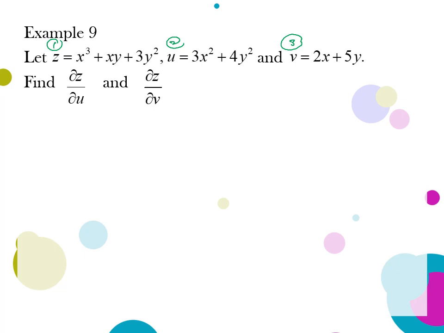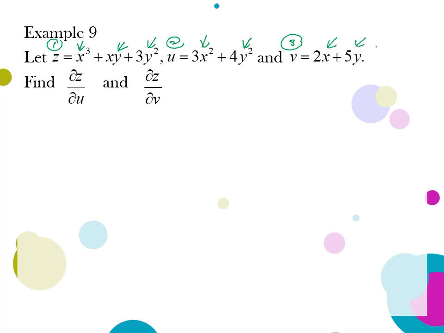But the thing now is that in each of these functions you have 2 independent variables which are x and y. Same goes for u. You have 2 independent variables x and y, also for your v.